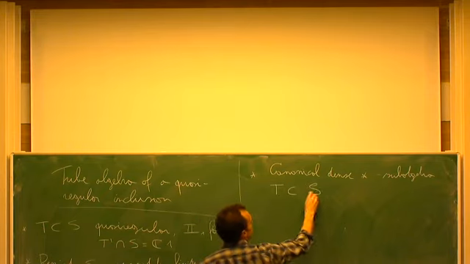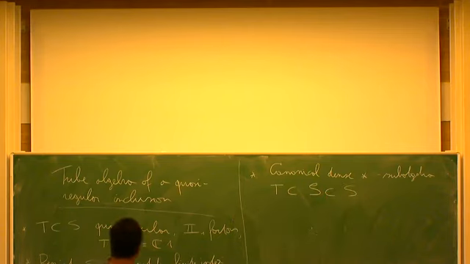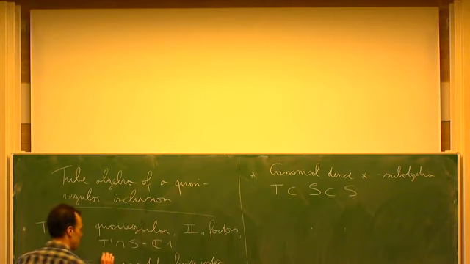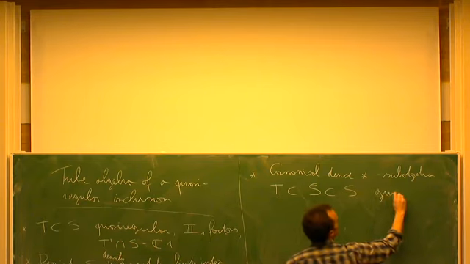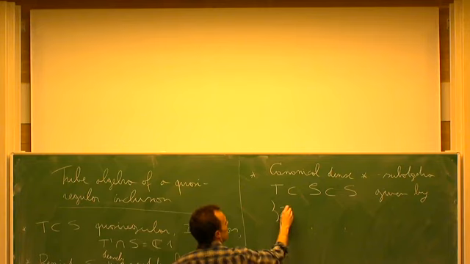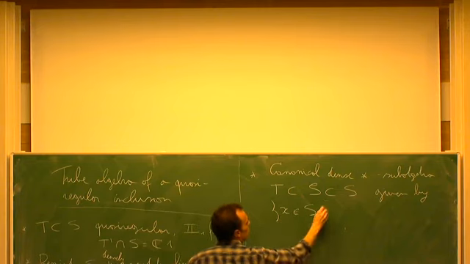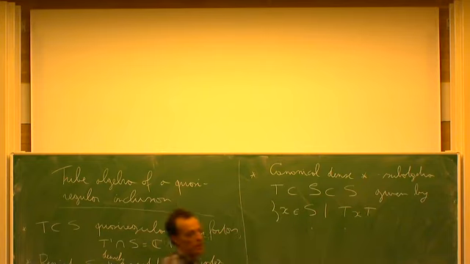Say curly S, script S, given as densely spanned, I should stress here. And you can quite explicitly write it, namely, it consists exactly of those elements in the algebra, so that if I look at the D bimodule generated by that element, this one is finite index.